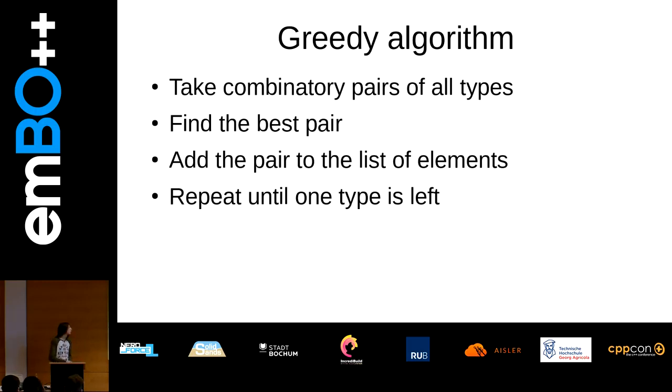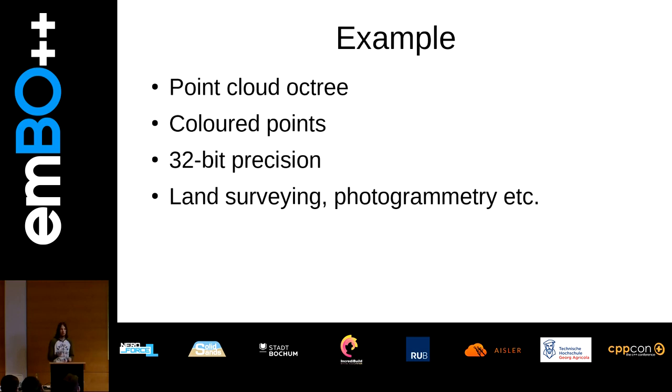I'll give a quick example of how this is done to better understand the algorithm. The example here is a point cloud octree. It is often used in things like point clouds for land surveying or recreating 3D models out of multiple photos.